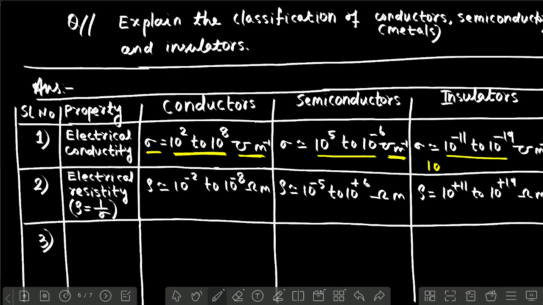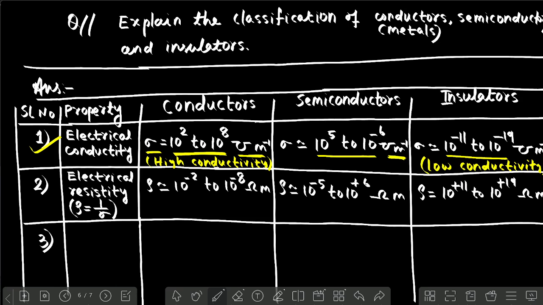So you can understand that for insulators conductivity is very low, and for conductors it is high. So according to electrical conductivity, you classify conductor, semiconductor, insulator.